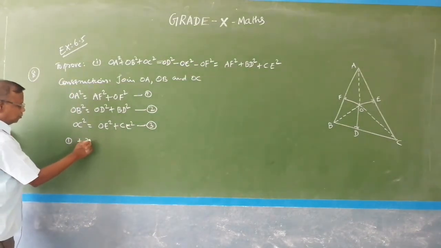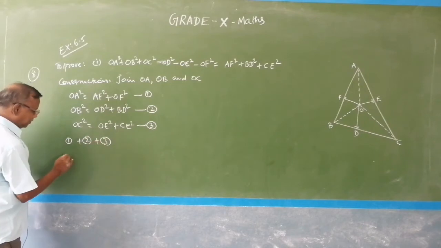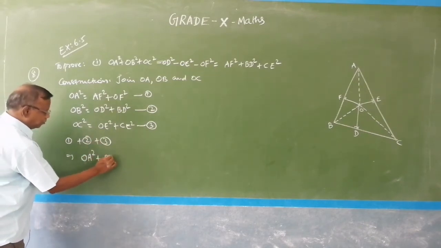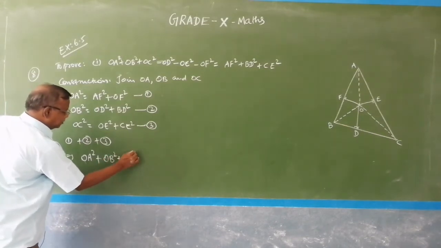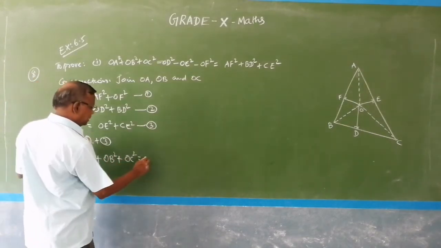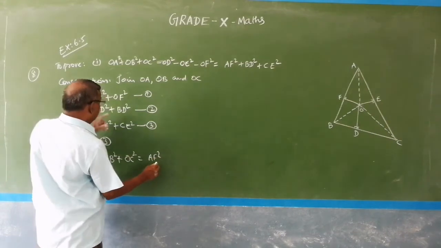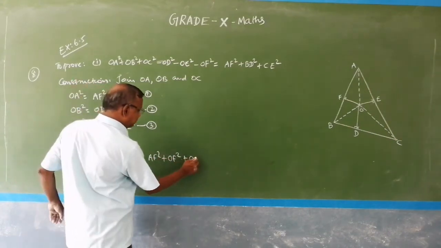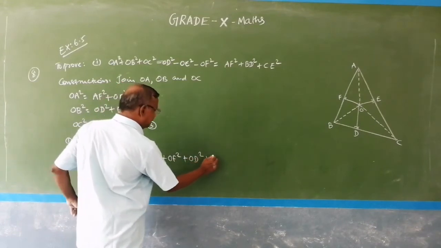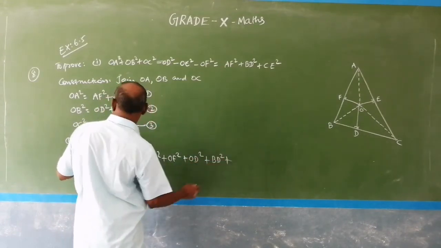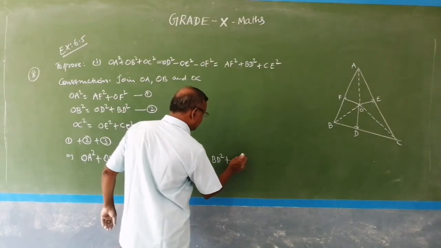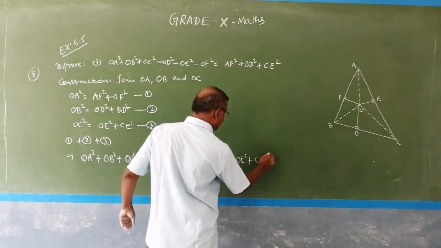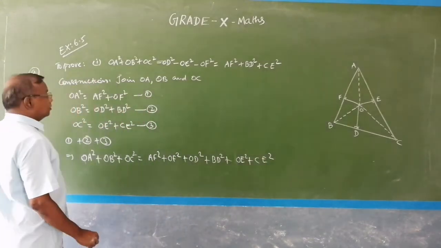Adding 1 plus 2 plus 3, we have OA square plus OB square plus OC square equal to AF square plus OF square plus OD square plus BD square plus OE square plus CE square. Now look at the question.